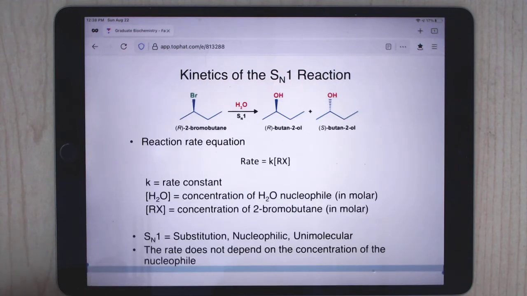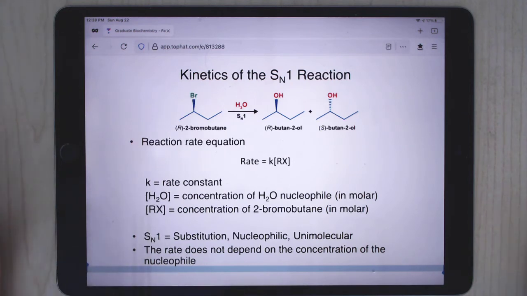And so that's one of the things you can do: if you double the concentration of the electrophile and double the concentration of the nucleophile, if you double both of them and you run it, the rate would actually only be increased by twofold, right? So that's a good way of telling if you're running under SN1 or SN2 conditions.